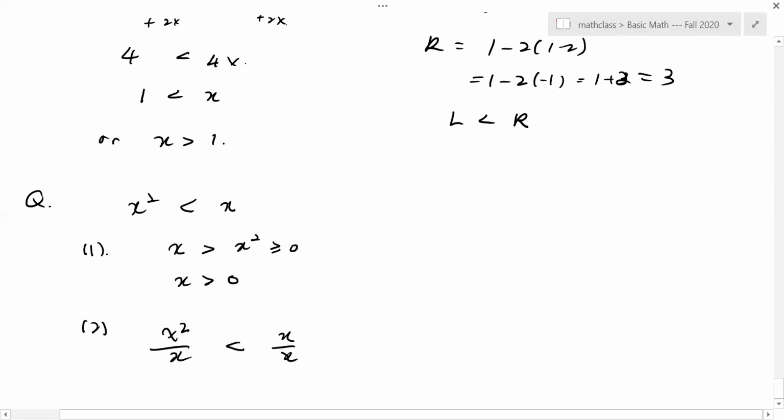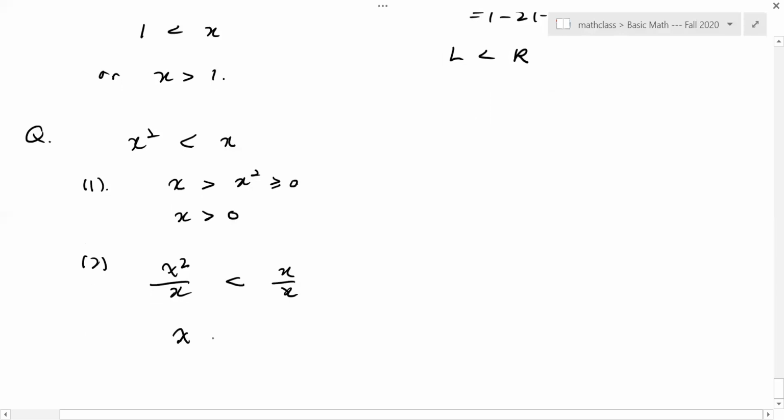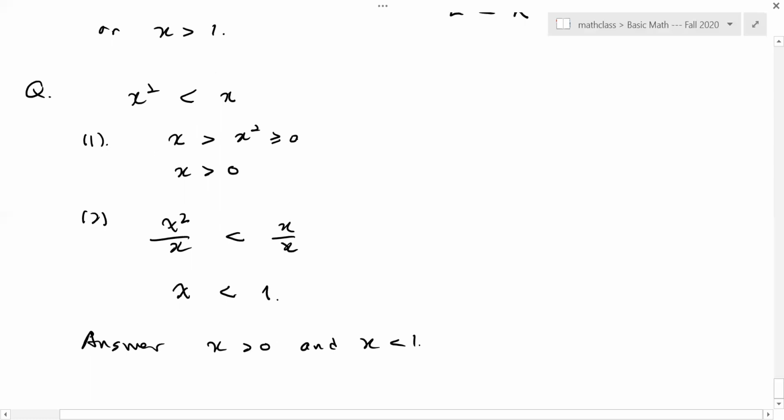You don't change the inequality. So the left-hand side is 1, the right-hand side is x. So your answer is x is greater than 0 and x is less than 1. Okay, so x is between 0 and 1. Any number between 0 and 1 is a solution.